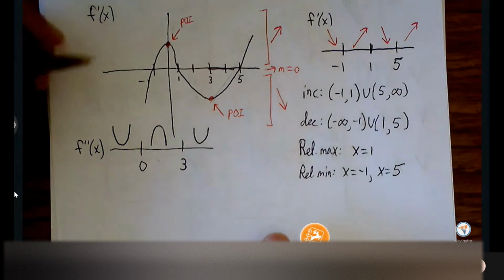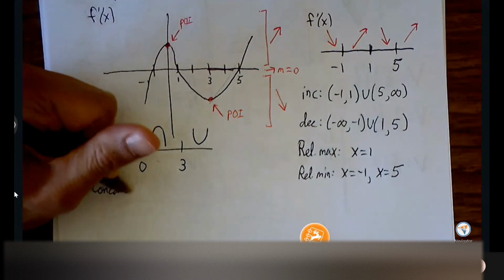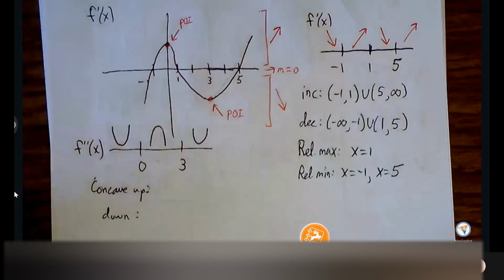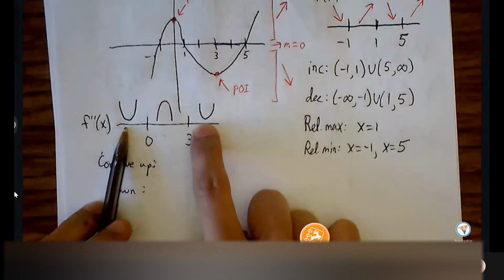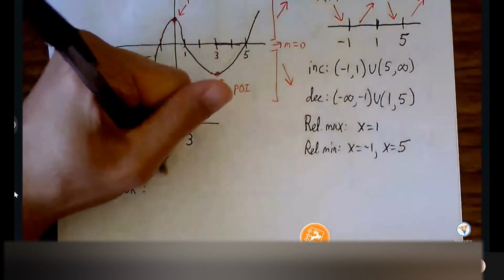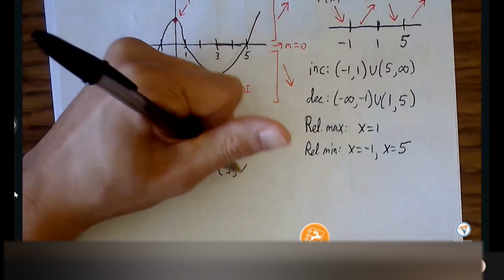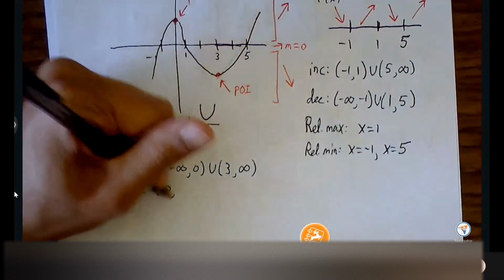Okay, let's gather information about points of inflection, concave up, concave down. So concave up, we have 2 intervals of concave up. The middle interval is concave down.